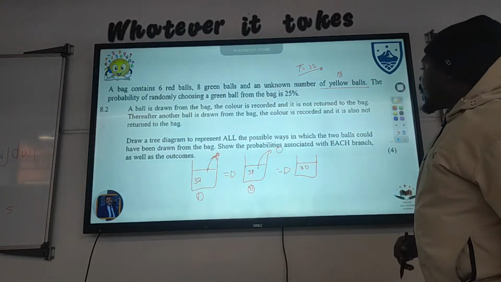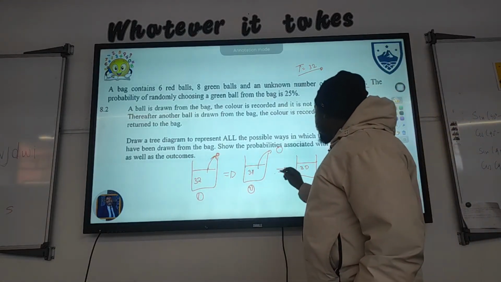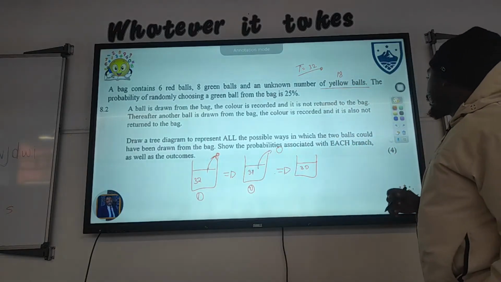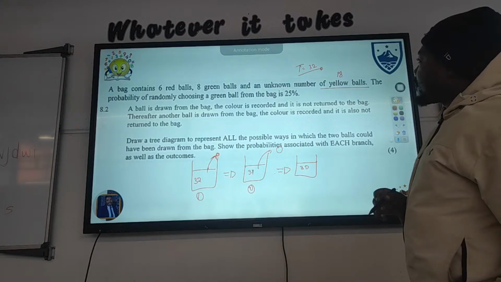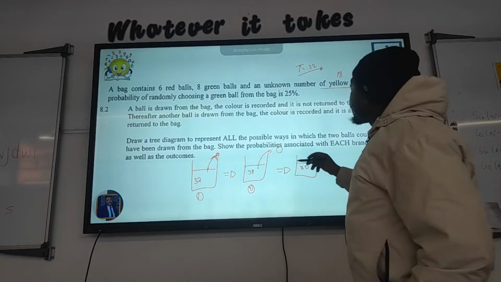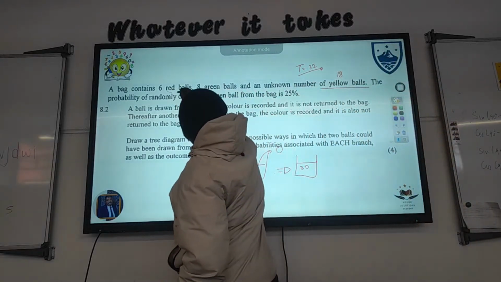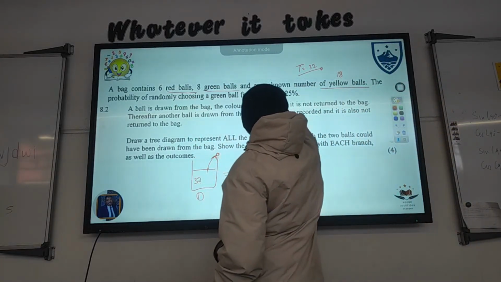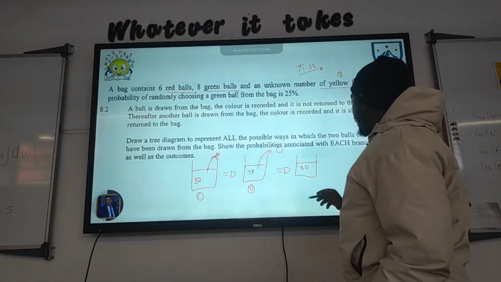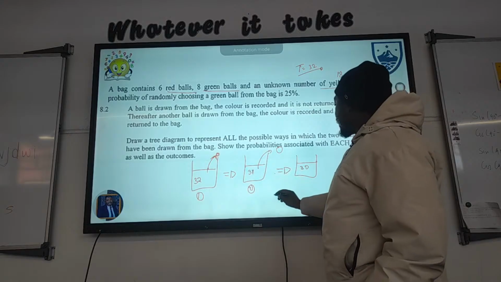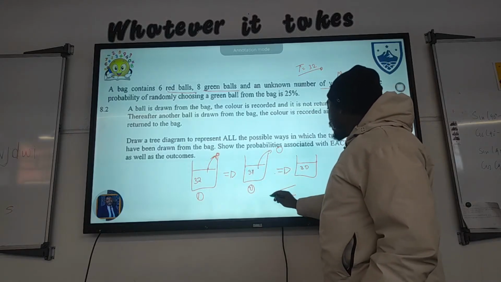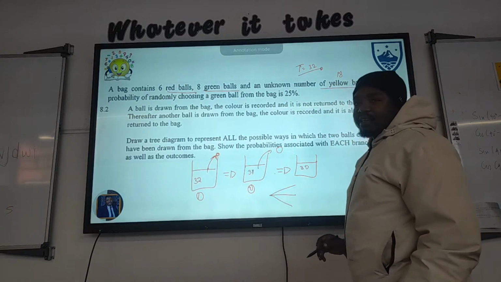So I want us to see how we represent this in a tree diagram. Remember we have three sets of different colors. We have red, green, and yellow. So I'm going to try to squeeze in my diagram this side so that people can see it. I'm going to have three branches because I have three different things.